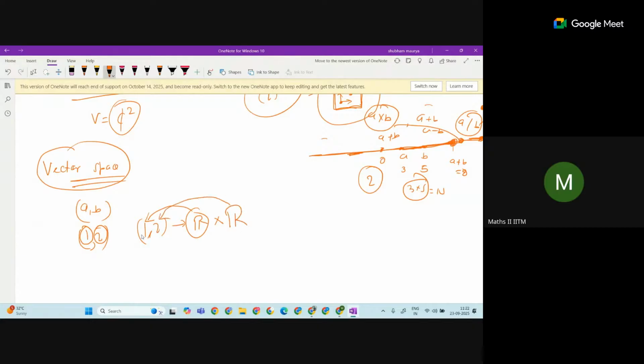It means that you are taking the first coordinate from this real number, and the second coordinate, the second argument, I am taking from this other real number. I am taking two real numbers like this. This is a representation. Okay.